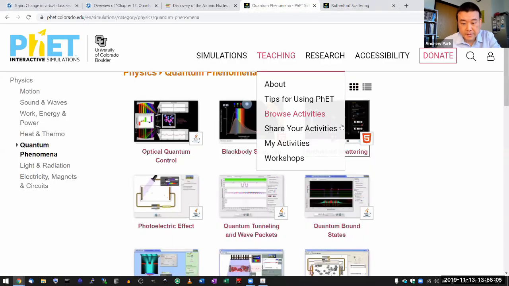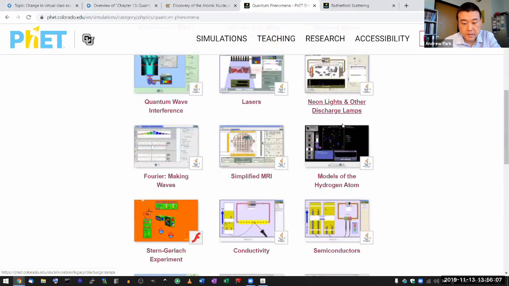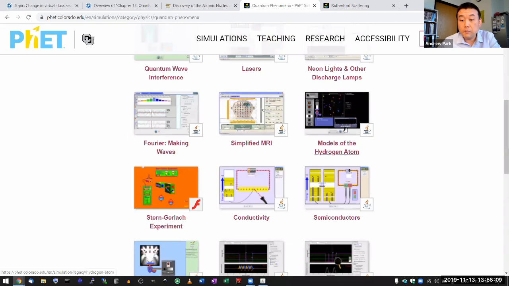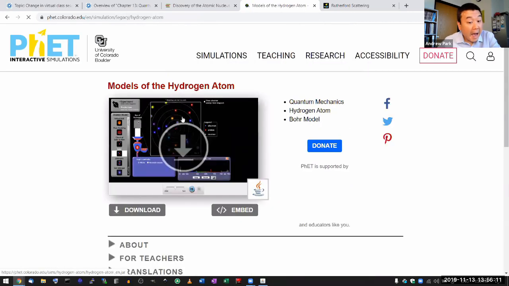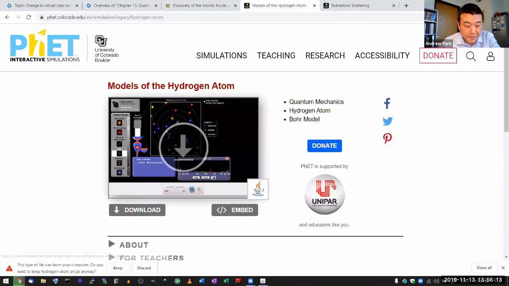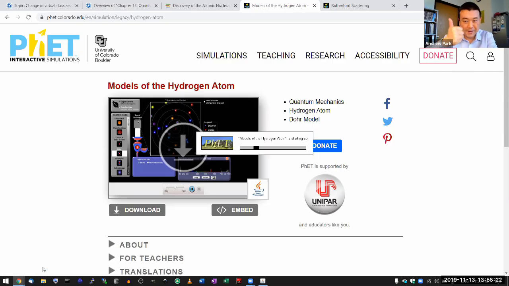That's what this simulation is exploring, models of a hydrogen atom. I think I actually used this simulation earlier when we were talking about scientific models. If you remember that from the first week of the semester, great.